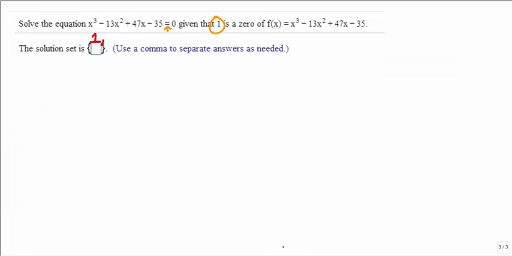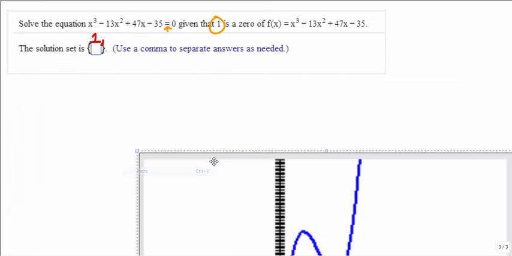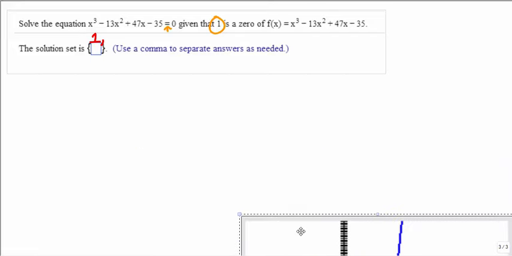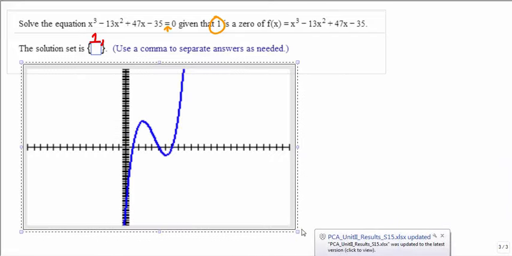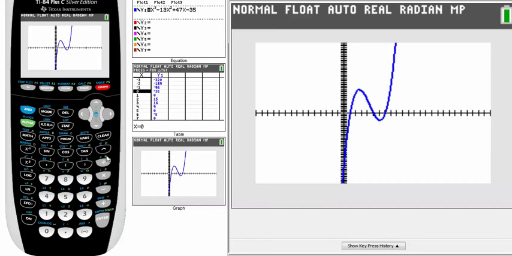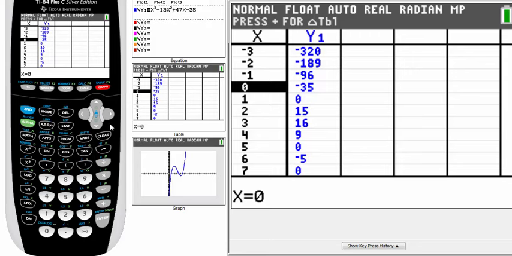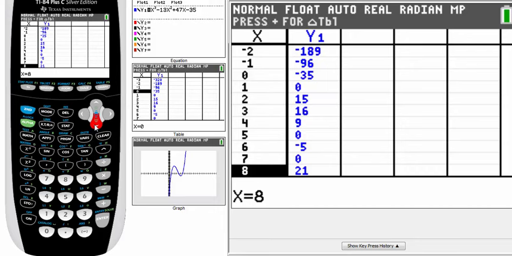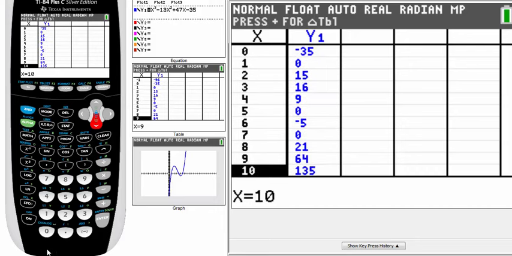Now the graph doesn't always work, however, so we have to be careful that we actually know how to do these by hand as well, because what if my answer was a fraction or a decimal? If that was the case, I'm not going to get my answer from the graph. However, this one I can. So let's go ahead and pull these numbers, and then let's see how it verifies with using synthetic division to find these values. Okay.